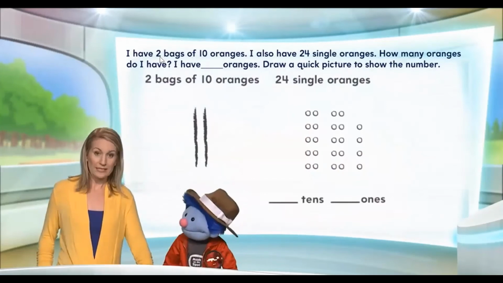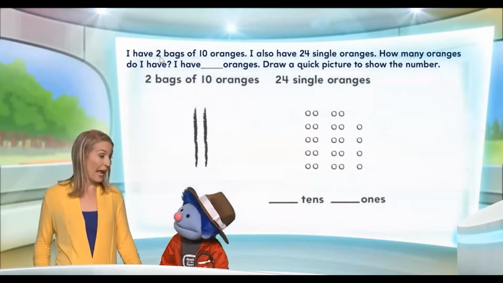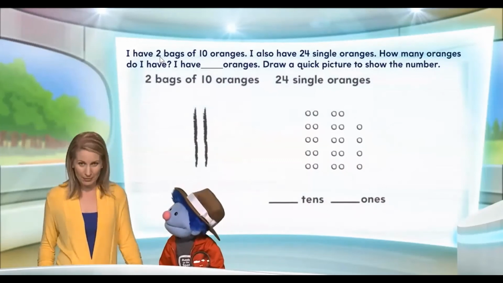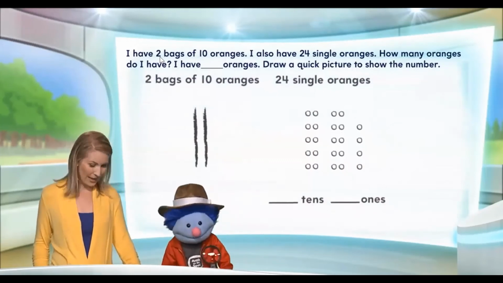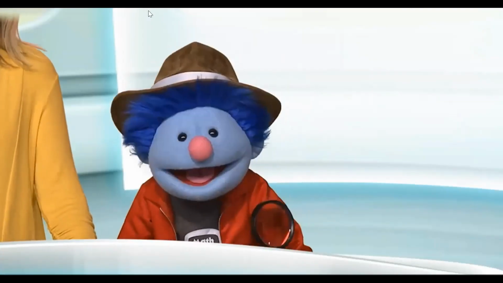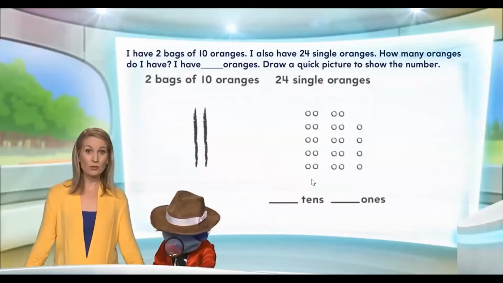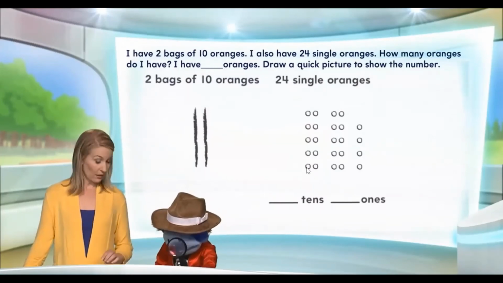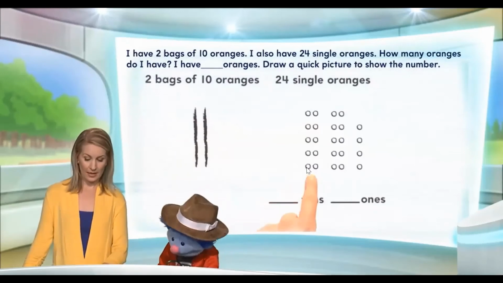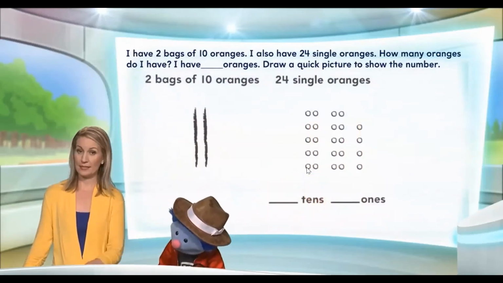So now we're going to figure out how many tens we have, how many ones we have, and then we'll be able to find our number. How many tens do we have? Let's look at the clues. Let's count all the tens. We have 2 tens here, and we have 2 tens here.